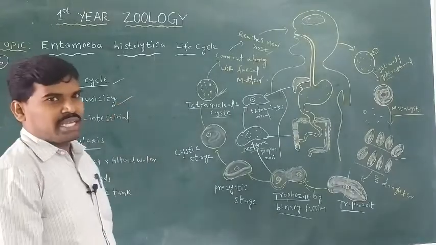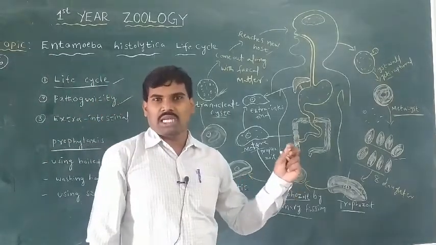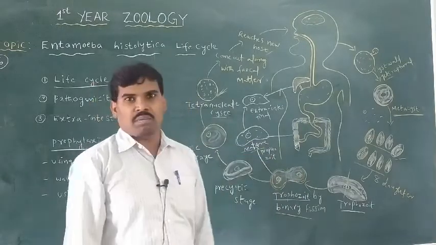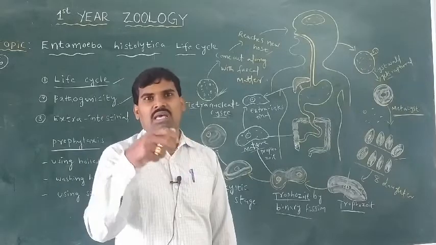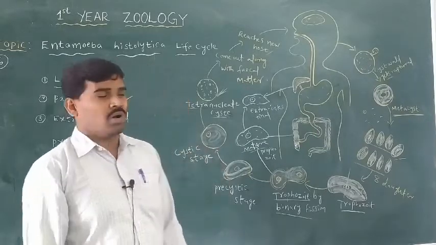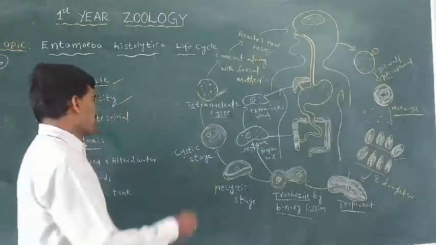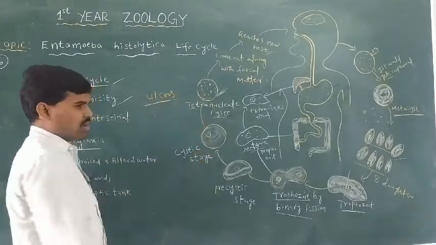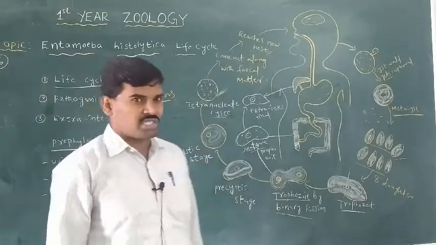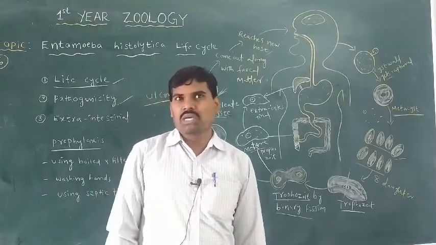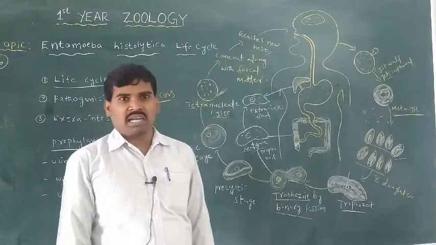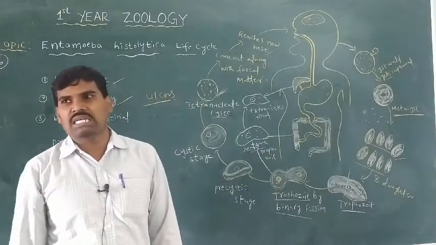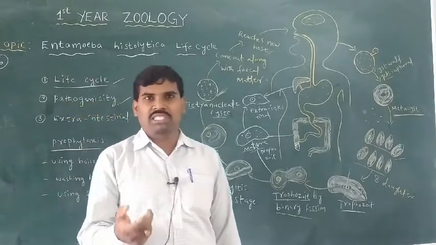Pathogenicity: Entamoeba histolytica finally reaches the large intestines and damages the mucosa and submucosa layers, so ulcers form automatically. Sometimes Entamoeba histolytica feeds on the host's large intestine walls, completely damaging them, and also feeds upon the mucosa cells, submucosa cells, debris and blood cells.